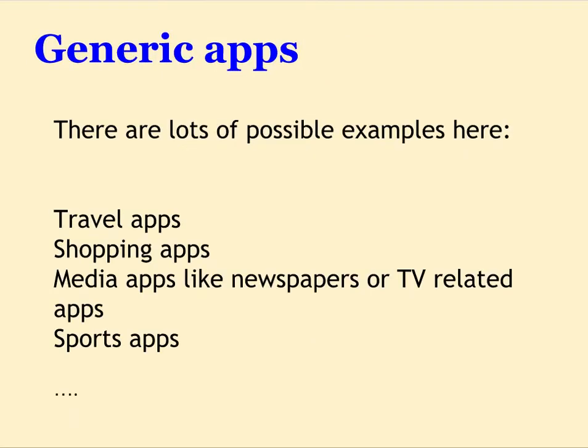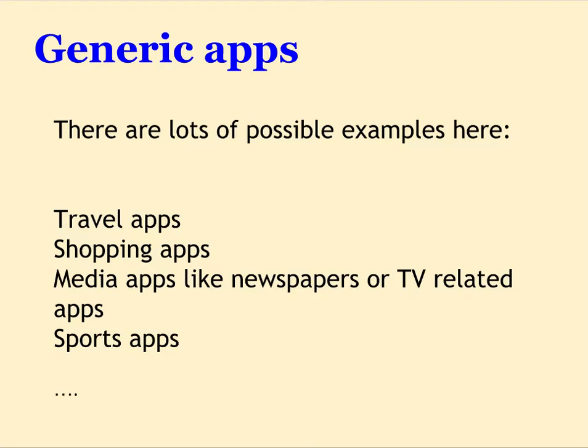And then there are what I refer to as generic apps, things like travel, shopping, media, newspaper, sports, all of these kinds of things that can be linked to different areas of the curriculum, be it things to do with maths or geography or social studies, or apps to measure performance while you're doing sports, and so on and so forth. So all of these things can be linked in many different ways to different curricular areas.